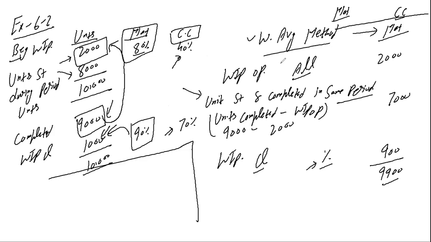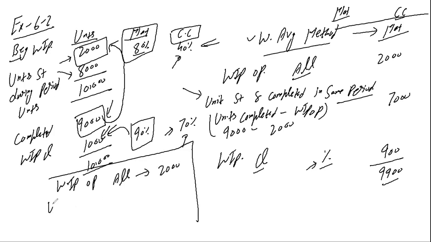And you know that for the weighted average method, we don't apply any kind of percentage regarding work in process opening. The only percentage you need to consider is for closing. So let us write the formula again one more time for your better understanding. Work in process opening, we said take all.